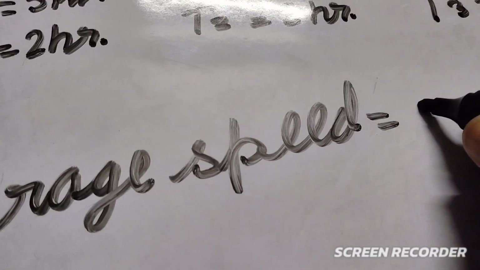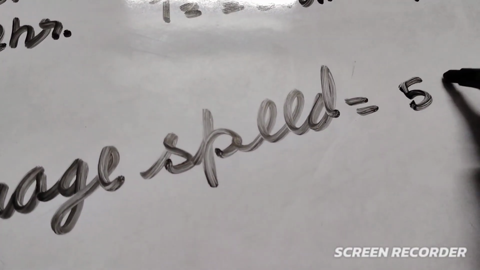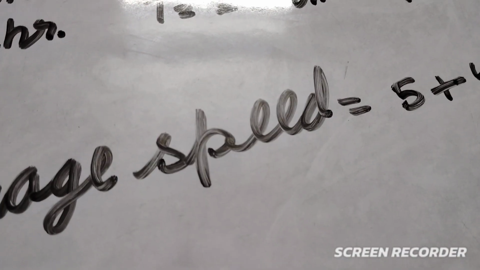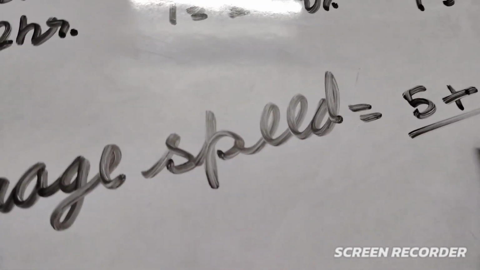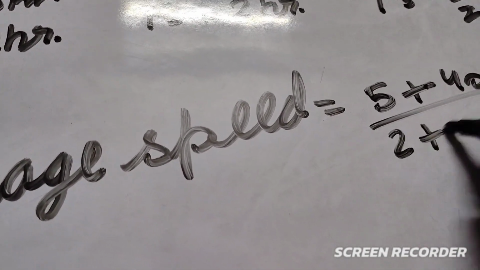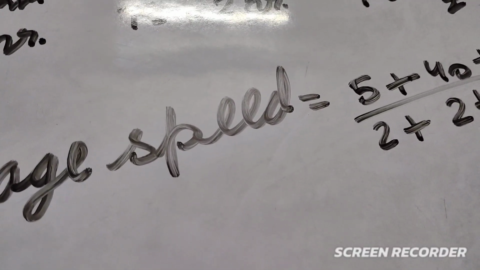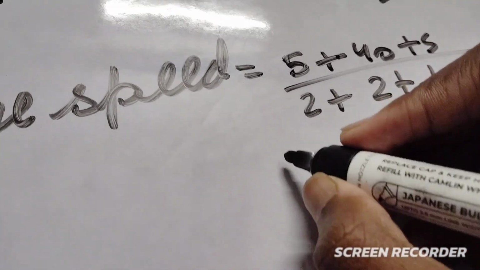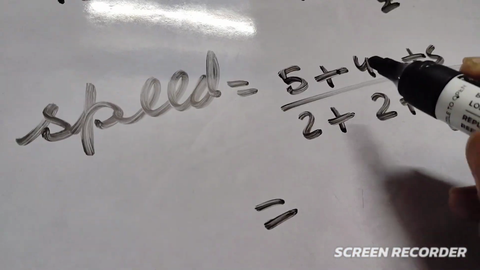So d1 is 5 kilometer, d2 is 40, and d3 is 5. So the time is 2 plus 2 plus 1/2. So it will equal 50.